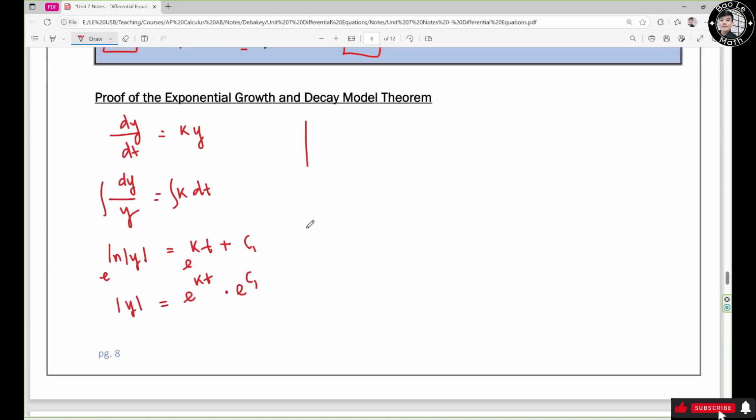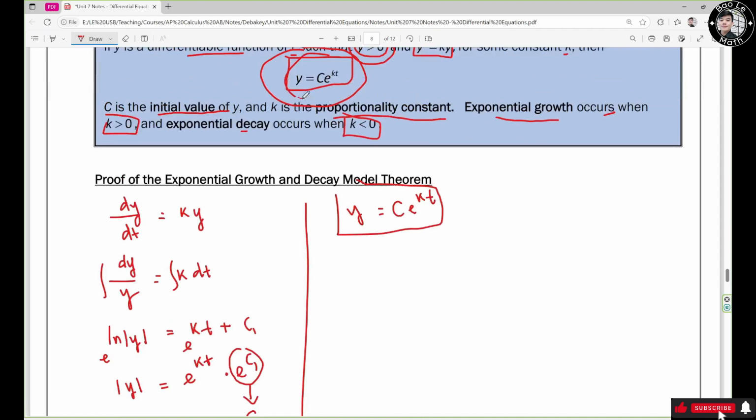So it turns out to be y equals e raised to the k times t, and now this part right here I can set as the constant c. So it could be c right here, and it is proved.